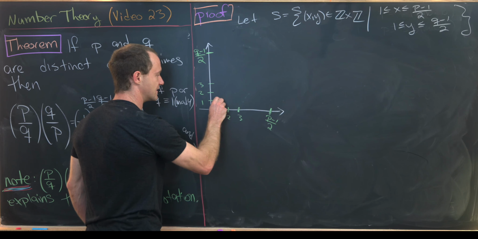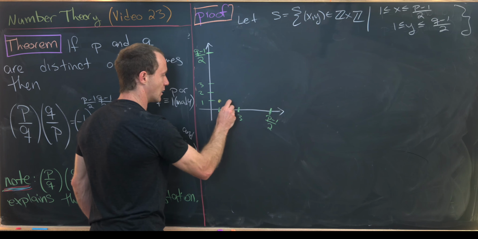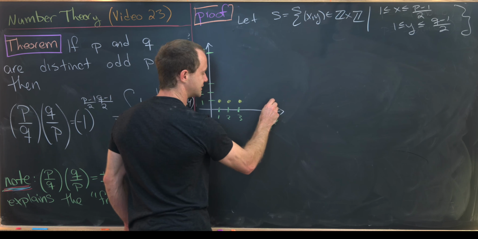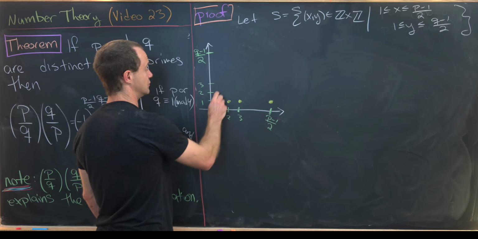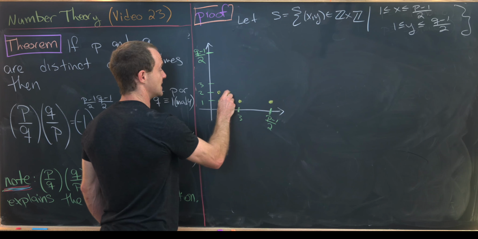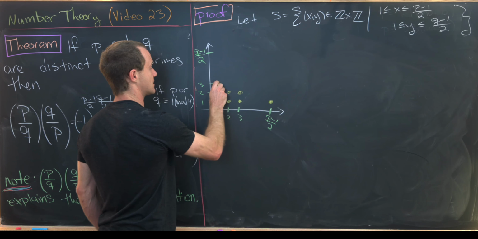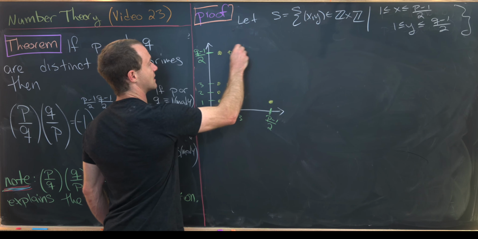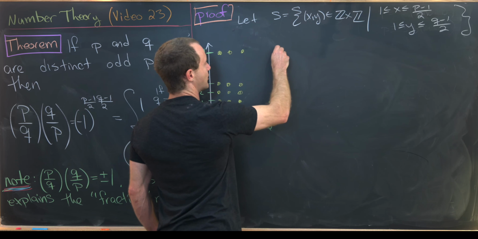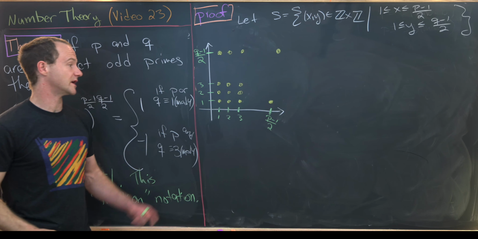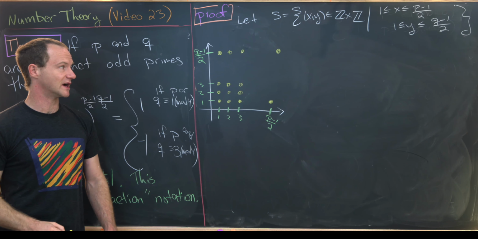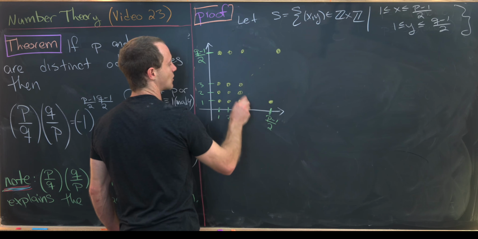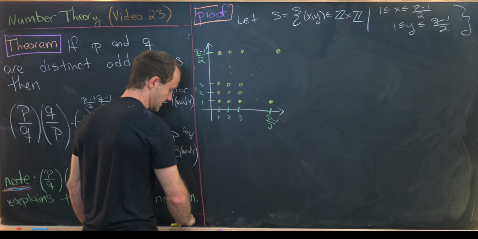So we'll want this point right here, that would be the point (1, 1). This would be the point (2, 1), (3, 1), all the way up to ((p minus 1) over 2, 1). And then we'll want all of these points here, and then up here. And then our upper right point will be this point, ((p minus 1) over 2, (q minus 1) over 2). And let's point out really quickly that these are all filled in.